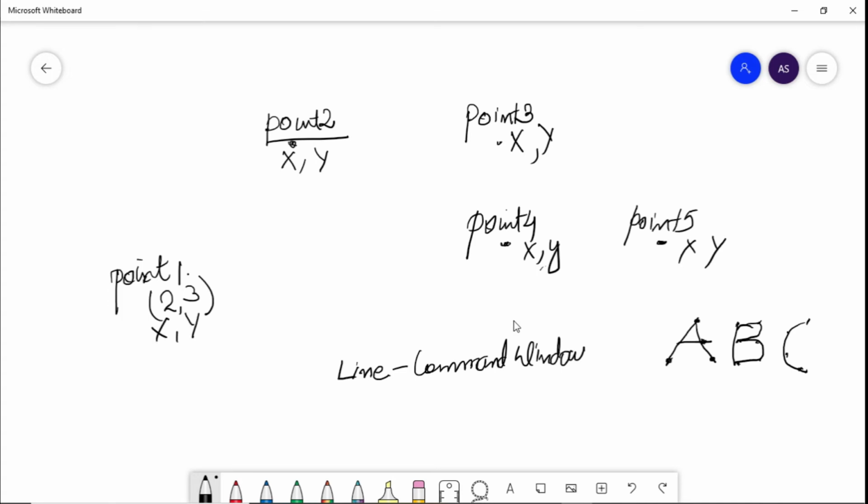And whenever you are typing the line command in the command window, then wherever these points are in the form of x and y, they will keep on joining together with the help of a line. This is the starting point, and so we'll start with 2, 3.